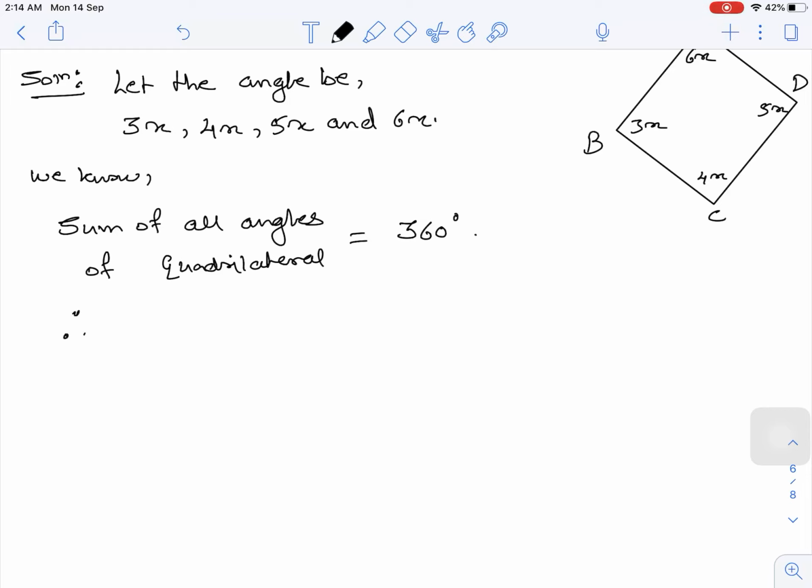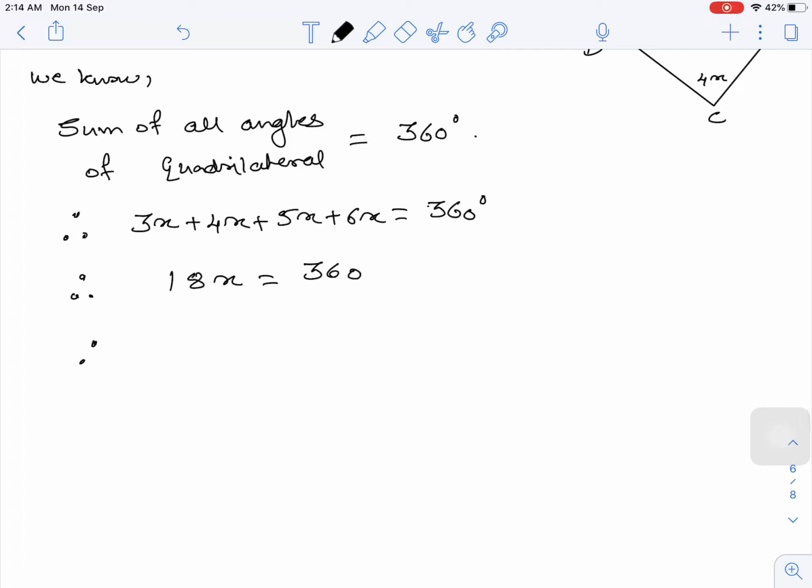Therefore you will get 3x plus 4x plus 5x plus 6x equals 360 degrees. Now it can be seen that all these terms are like terms, so we can add them. You will get 3x plus 4x is 7x, plus 5x is 12x, plus 6x is 18x. So you will get 18x equals 360.